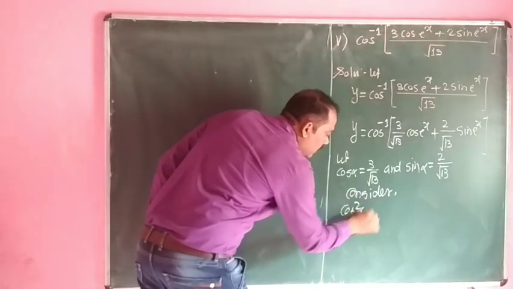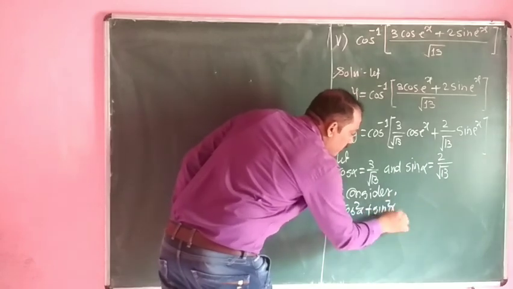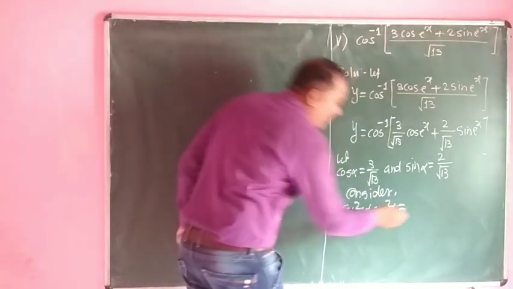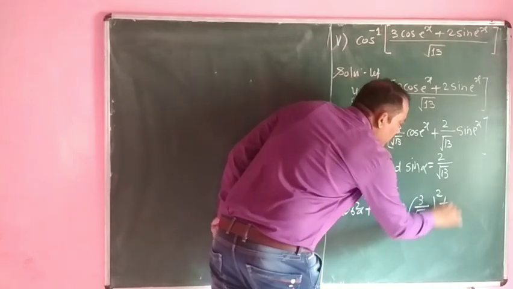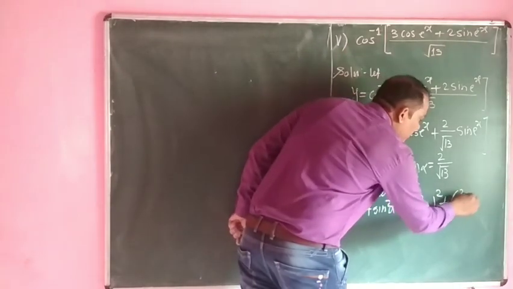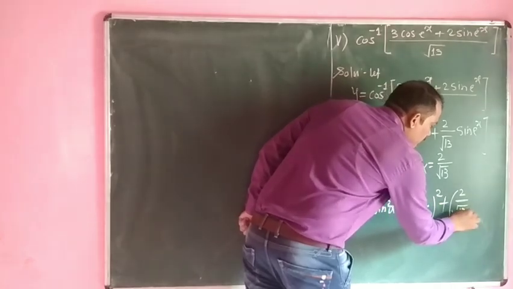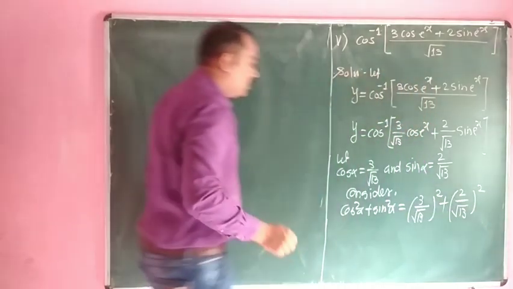Consider cos square alpha plus sin square alpha, which is equal to cos alpha, that is 3 divided by root of 13, its square, plus sin alpha, that is 2 divided by root of 13, its square.